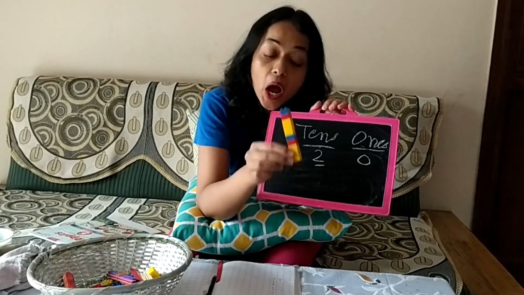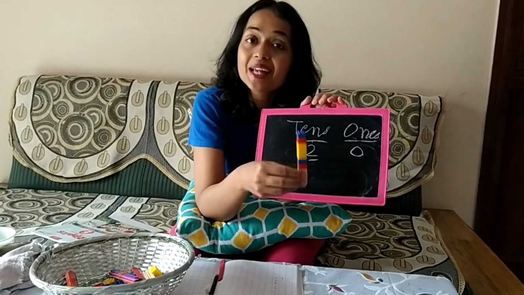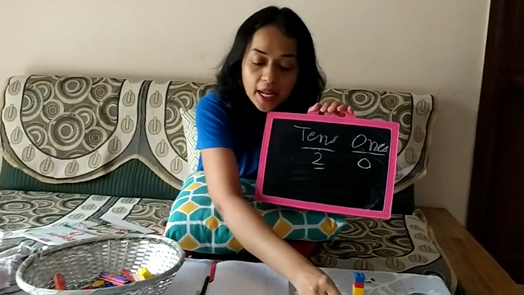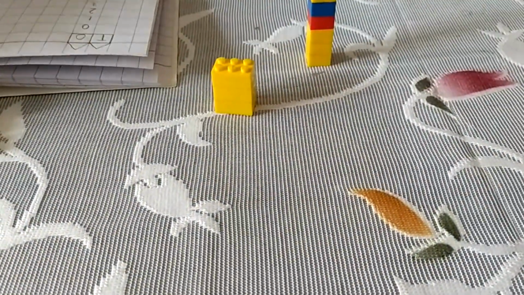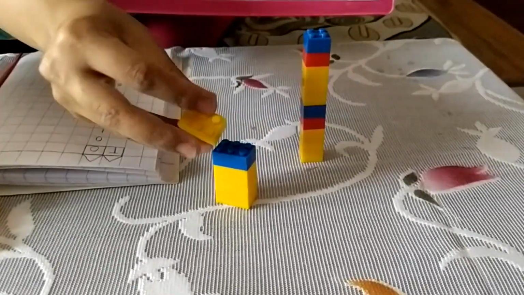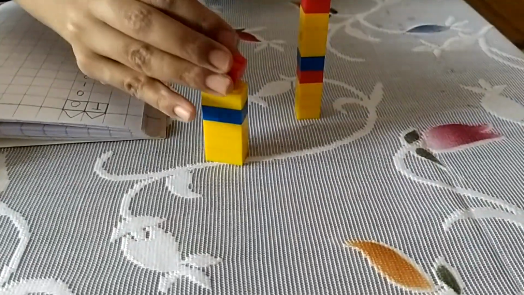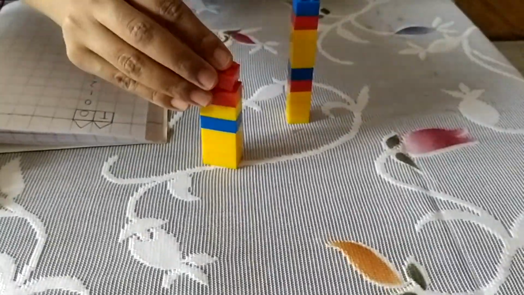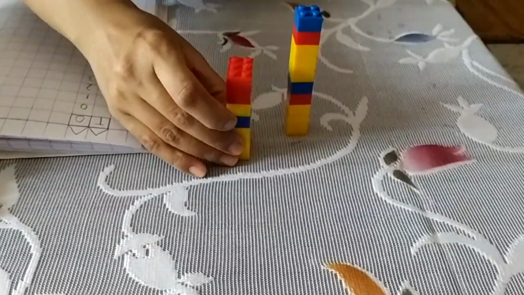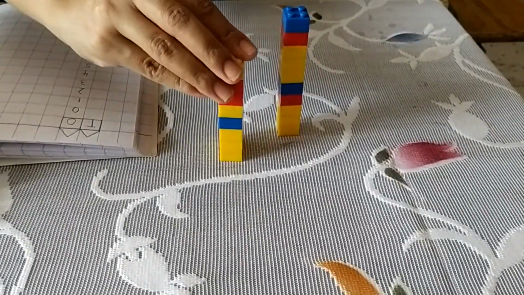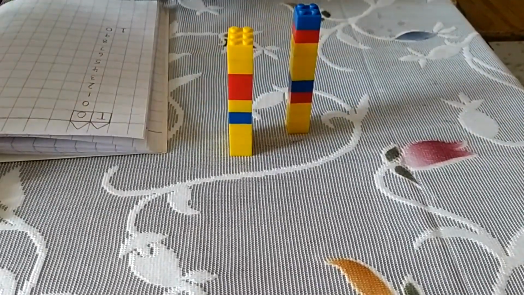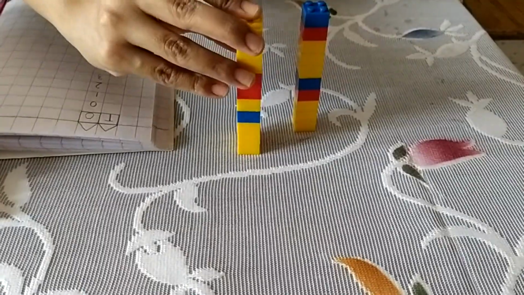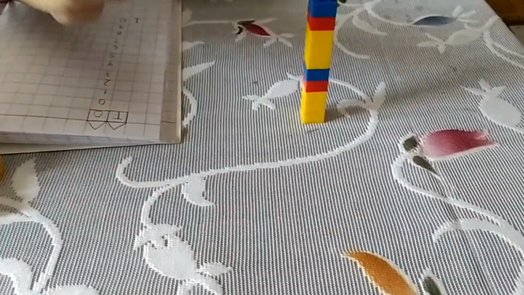Now I'm going to make one more tower which has 10 blocks, right? 1, 2, 3, 4, 5, 6, 7, 8, 9 and 10. Okay, so now I have 2 towers.